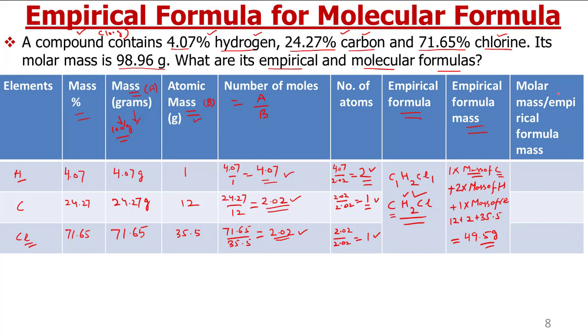Then we calculate molar mass divided by empirical formula mass. Molar mass is 98.96, it is given. 98.96 divided by the empirical formula mass 49.5 is approximately 2, almost 2. Now, in order to get the molecular formula, we have to multiply the empirical formula by 2.